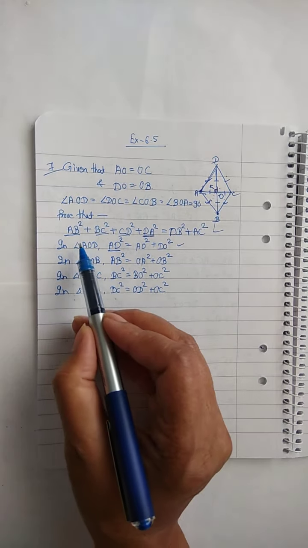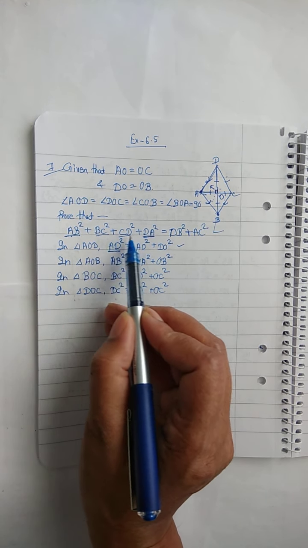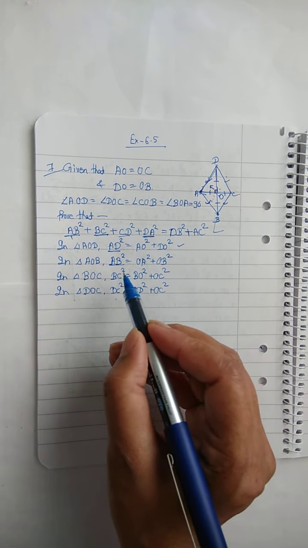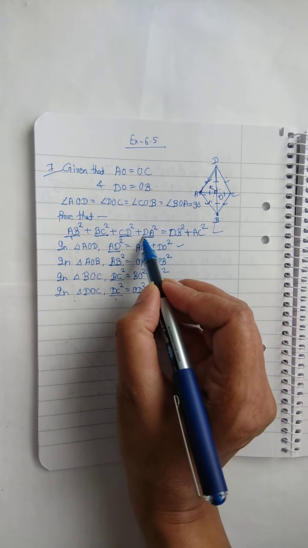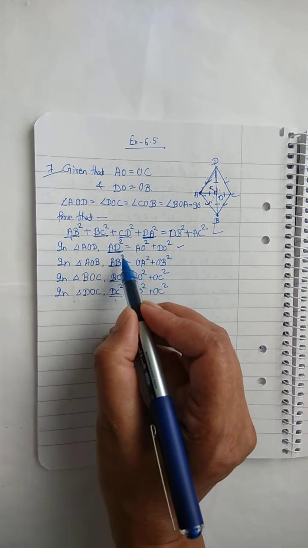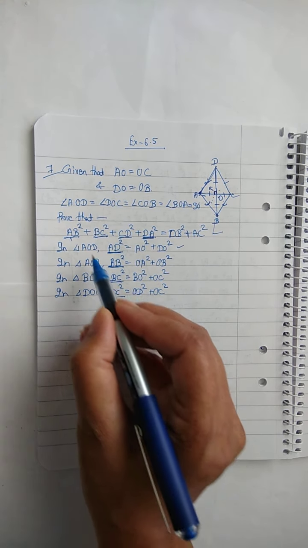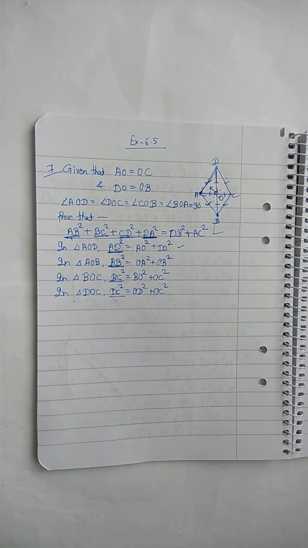Now what we have to do? We have to calculate the sum of squares of sides. Means AB square, BC square, CD square, and DA square. Means this square plus this square plus this square plus this square. If we do that, then we can get the LHS of this equation, right?